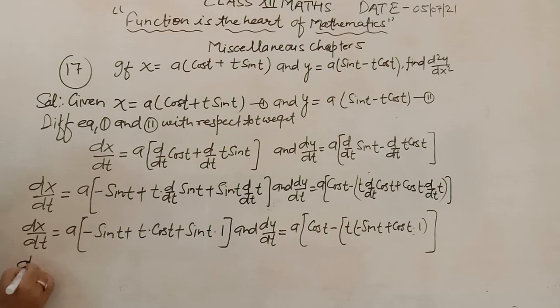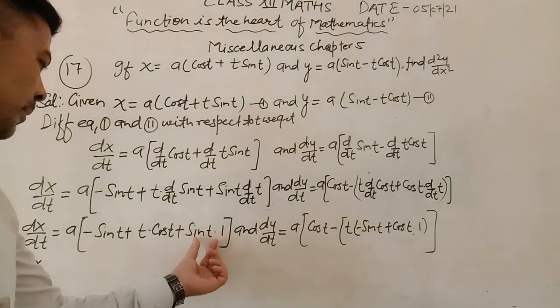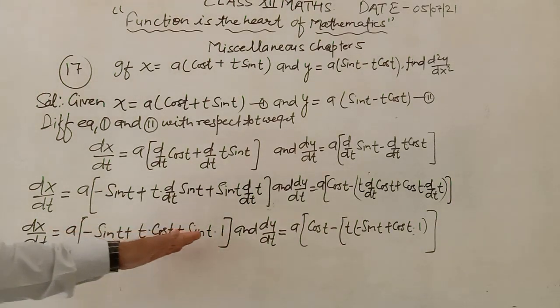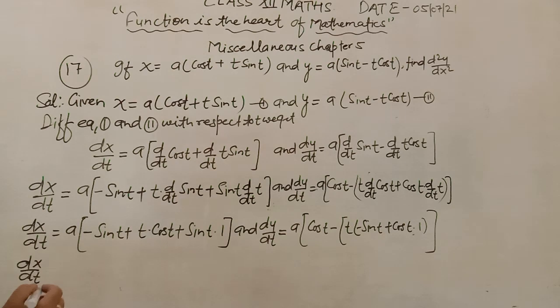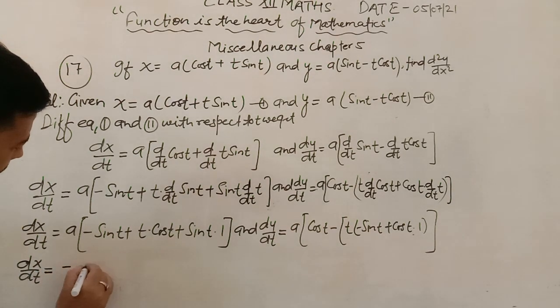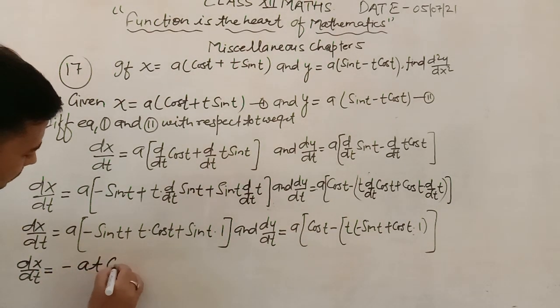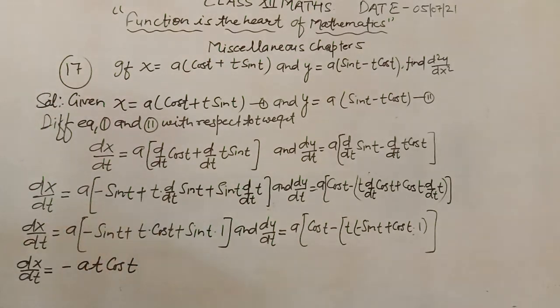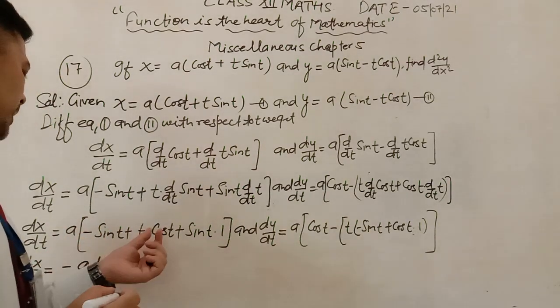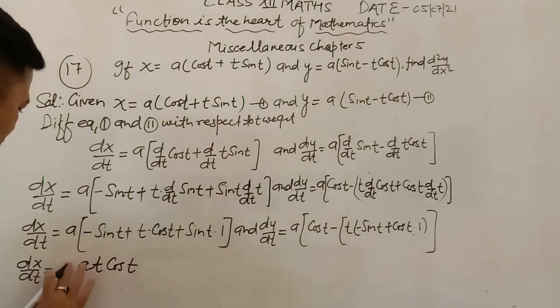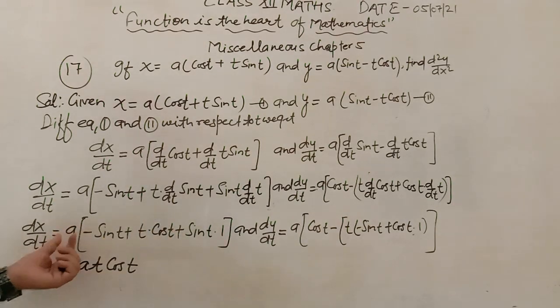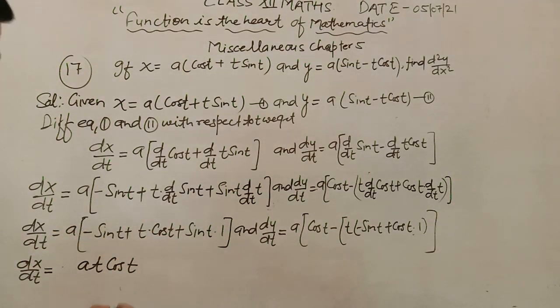Here the value of dx upon dt: minus sin t plus sin t cancel each other. This is all equal to a t cos t.